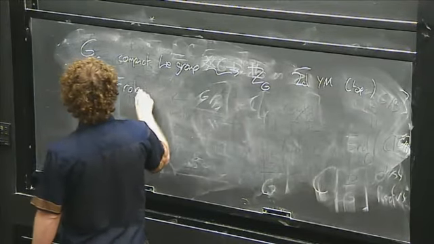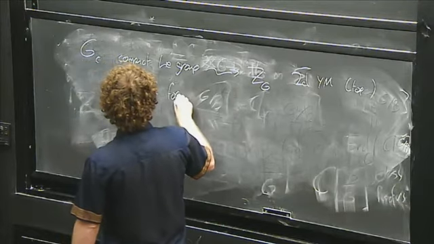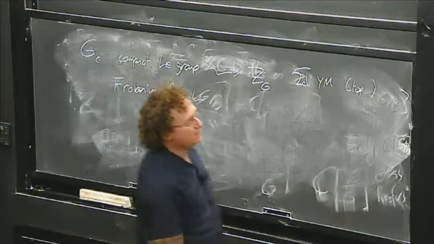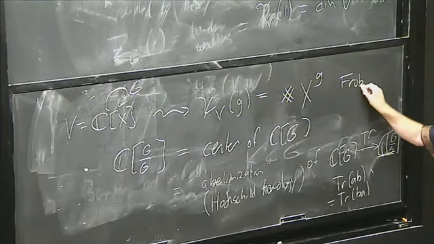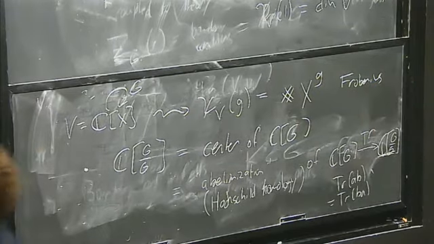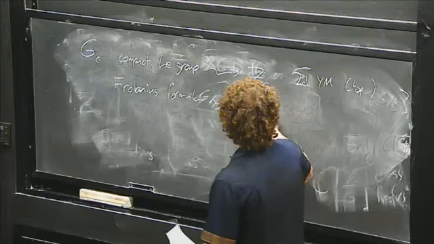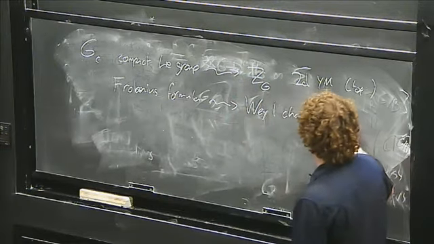So for example, the Frobenius character formula, which I still have here, I think. This is the Frobenius character formula. The Frobenius character formula in this case becomes the Weyl character formula. And the idea is completely analogous.